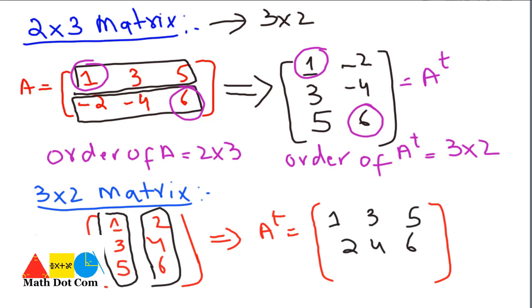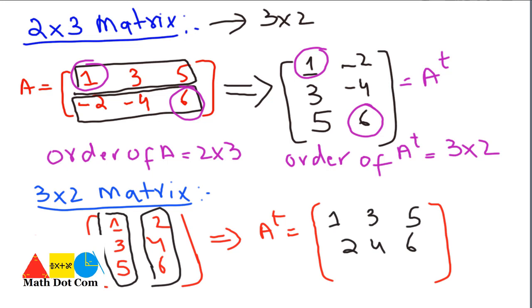You can have the option whether you convert rows into columns or you convert columns into rows. You don't need to confuse yourself by making every row into column and every column into row at the same time. You just need to choose whether you convert columns into rows or rows into columns.